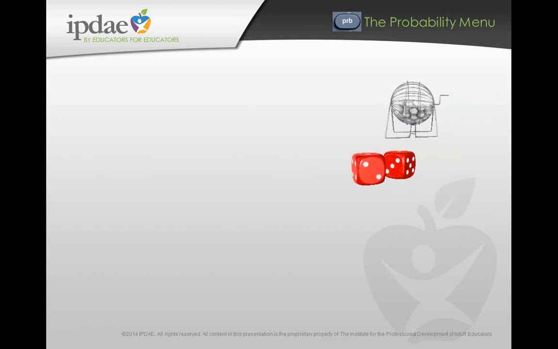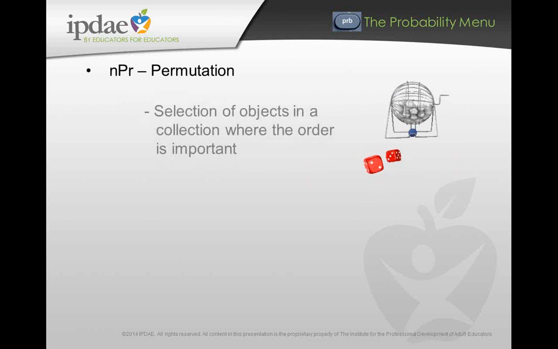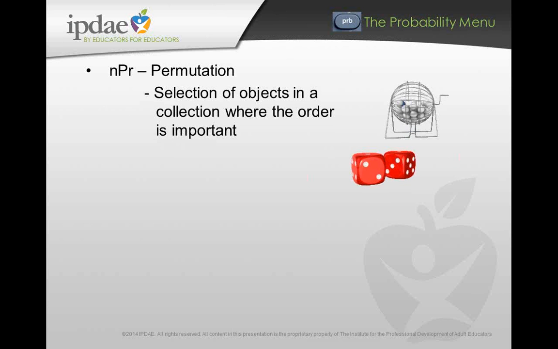So we're going to go through the probability menu this time. There are 3 options on your probability menu. We call the first one NPR, which is short for your permutation formula. Keep in mind that when you're using the permutation, the order in which objects are selected is very important.